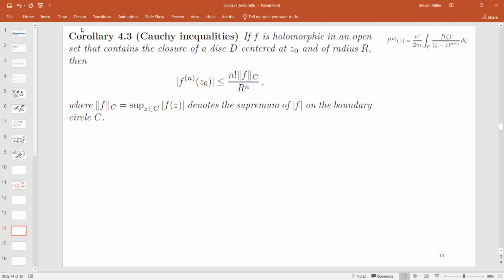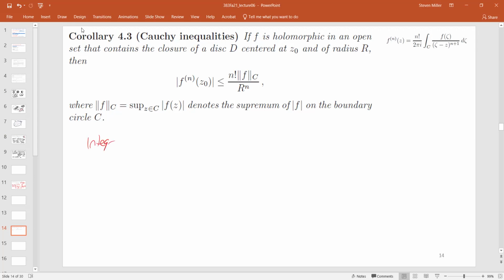And so what we want to do is bound how large the derivatives can be at any point. This essentially follows from the fact that if I have an integral, its value is going to be at most the largest value of the integrand times the length of the curve. What's the length of the curve?